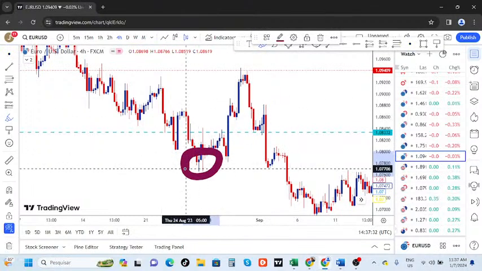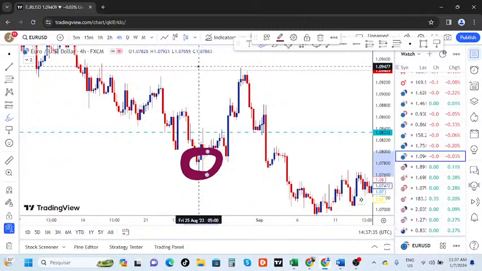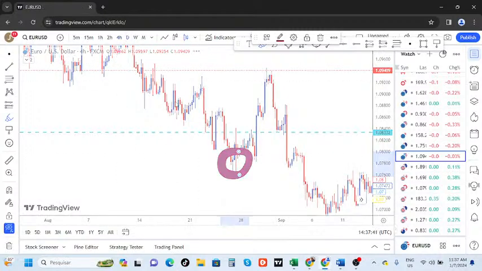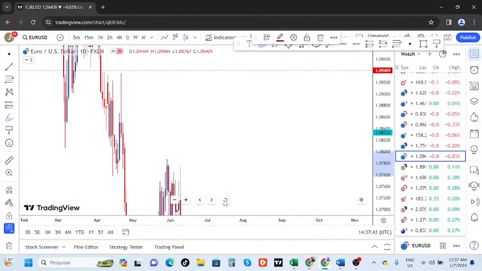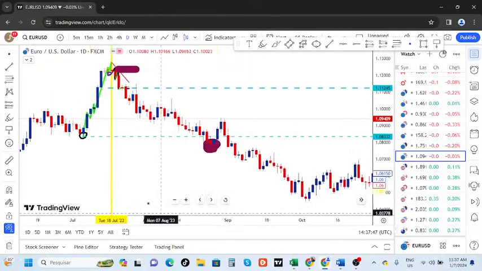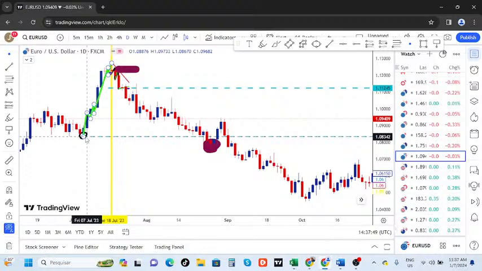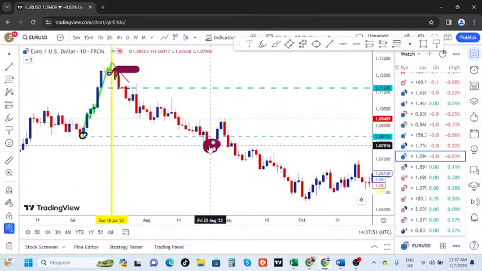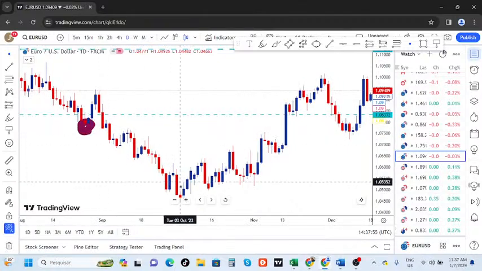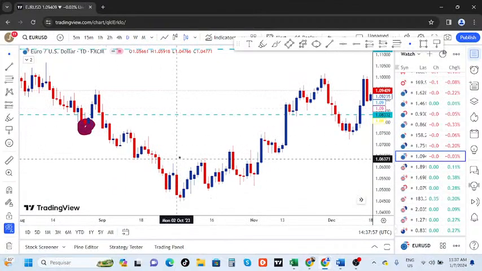That tells us on the daily that the market just confirmed that it's no longer in an uptrend. If we look at it right now, remember what I said earlier, the market broke this previous higher low right here, it pulled back, and what happened? The market still fell all the way to the downside for days.